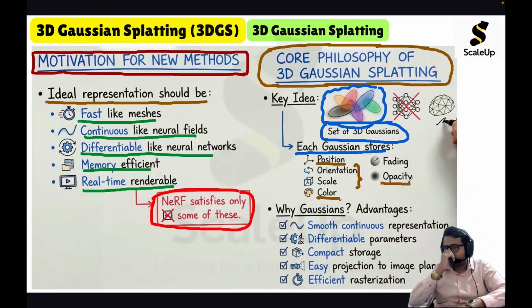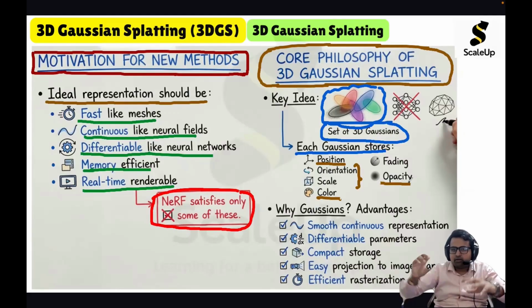So now it's very clear that in 3D Gaussian splatting, in order to represent a 3D scene, we make use of 3D splats, which are ellipsoids, which contain information like the position, which is the center of the splat, the orientation, the scale, the color, the intensity, the opacity, the transparency. All such information is stored by the splat.